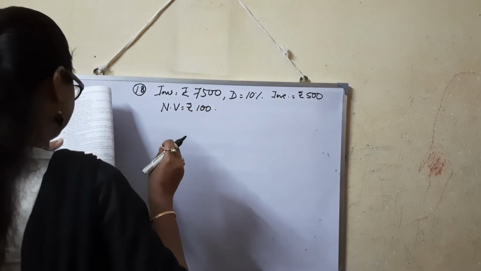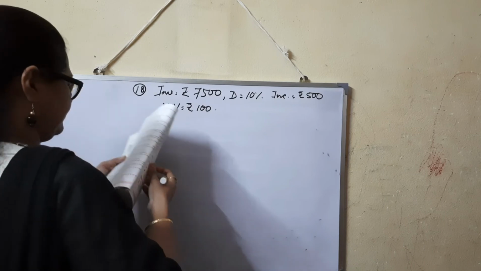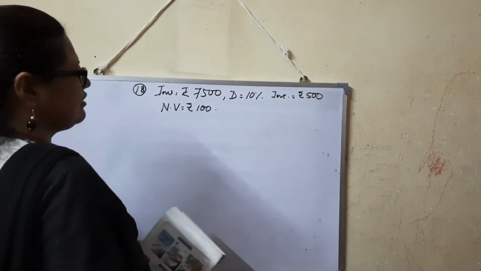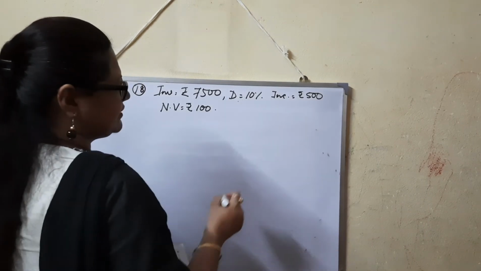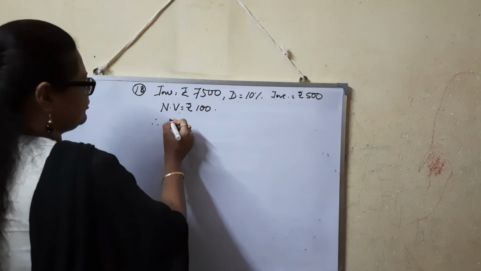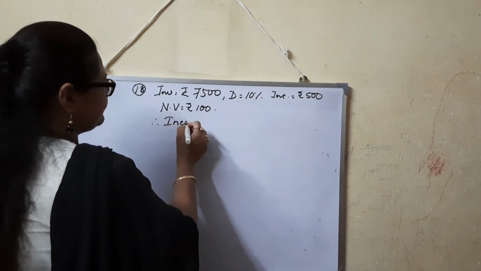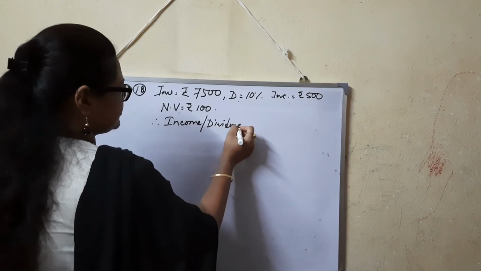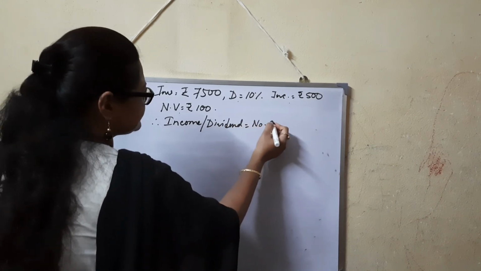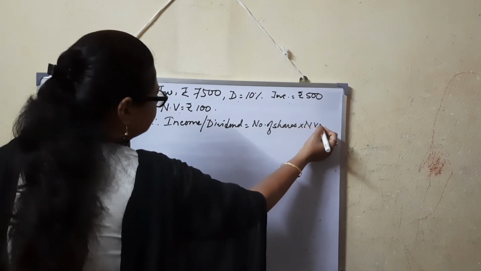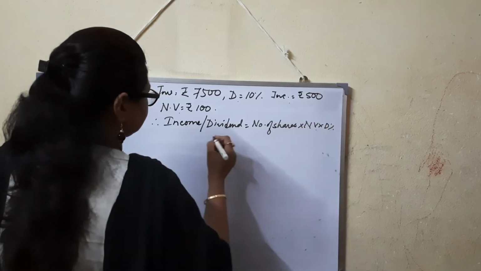Okay. So we have to find the market value and we have to find the number of shares. So number of shares, how do we find out? We have dividend, we have income, we have nominal value. So from here we find out the number of shares. Income or dividend, as I have been saying all this while, is equal to number of shares into nominal value into dividend percent.